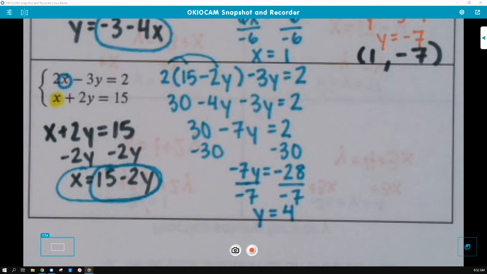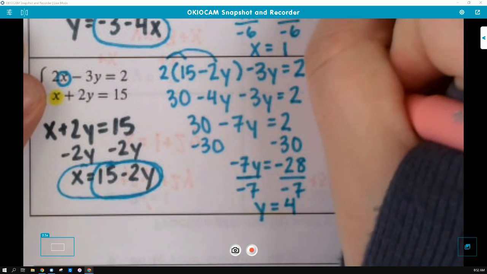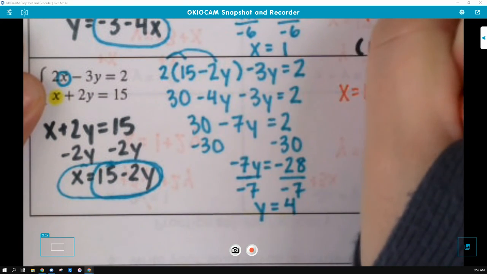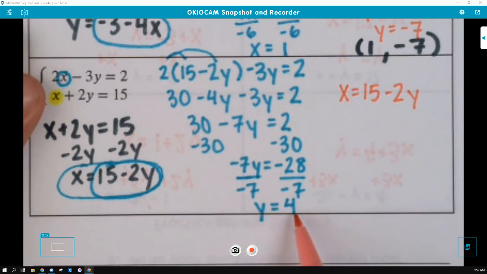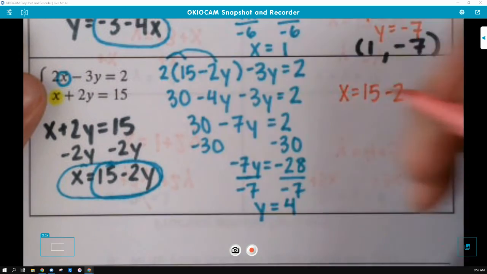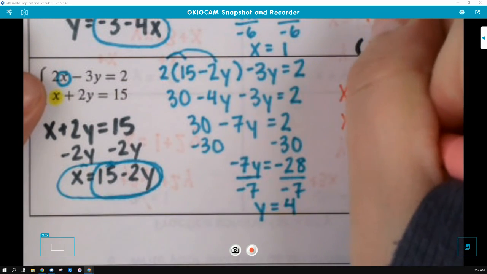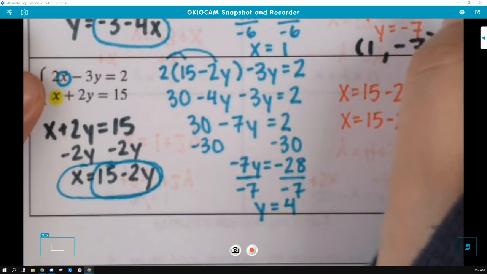When we want to go solve for x, we can plug in that positive 4 to equal y. So we take this equation that's already solved for x. So x equals 15 minus 2y. And we're going to plug in 4 for y. So it's going to be x equals 15 minus 2 times 4.